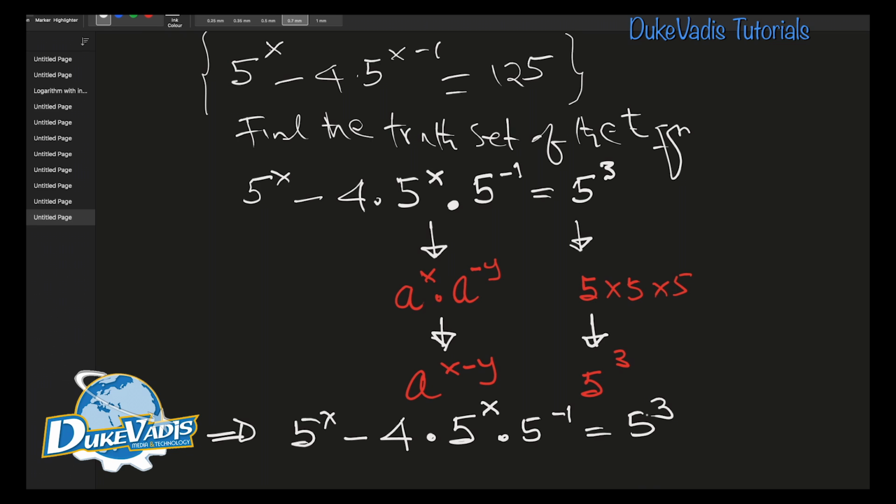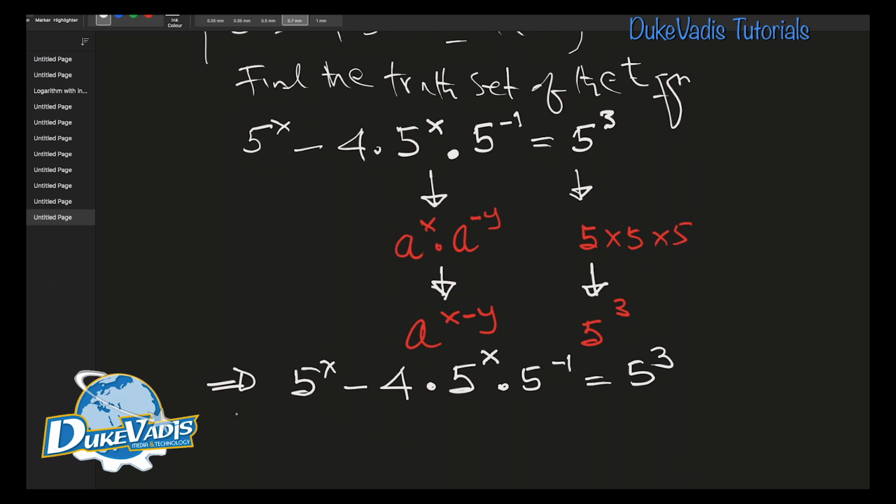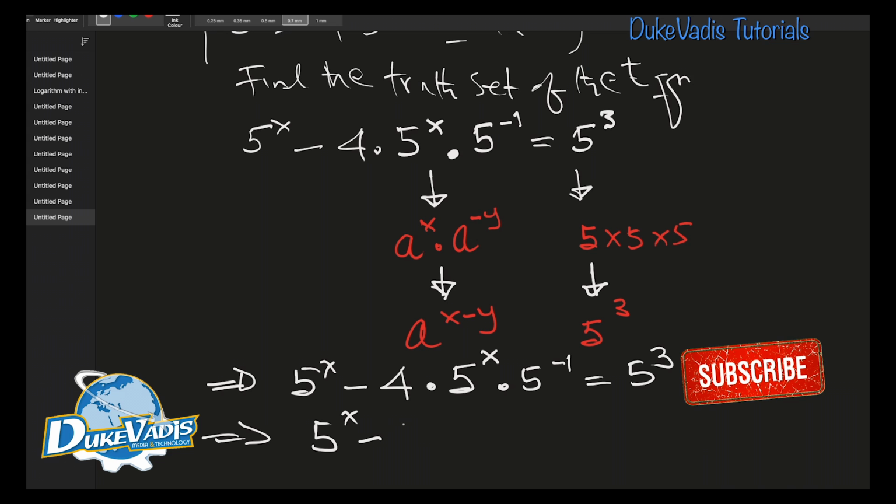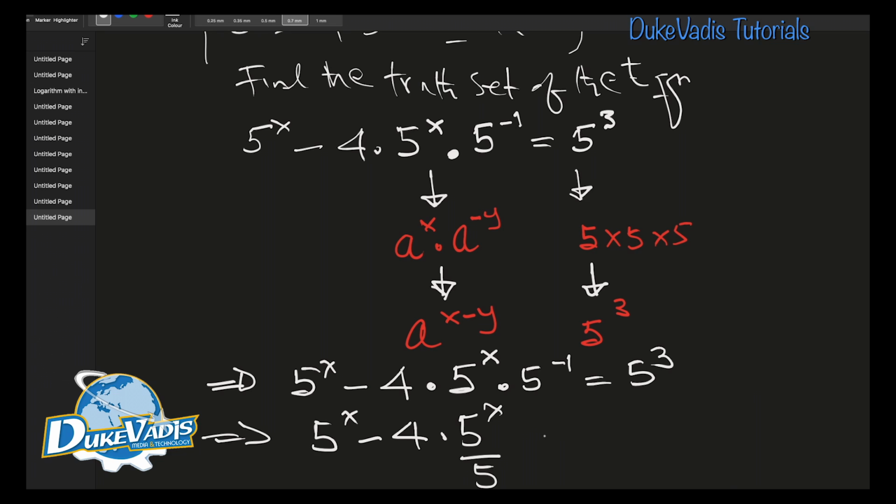In other words, we can also say that this can be written as 5 raised to the power x minus 4 times 5 raised to the power x all over 5 is equal to 5 raised to the power 3.